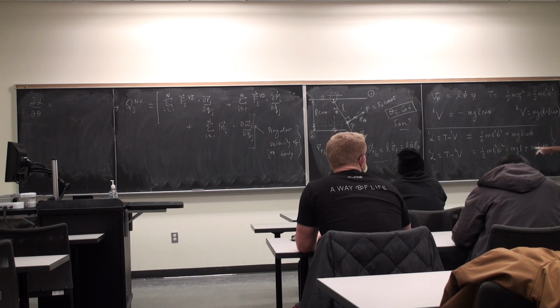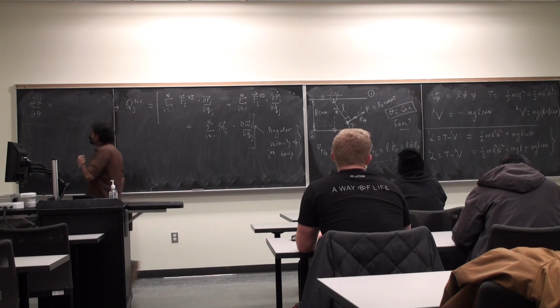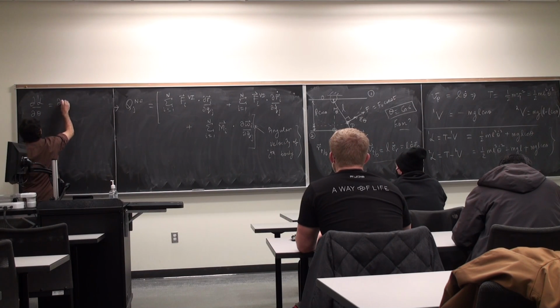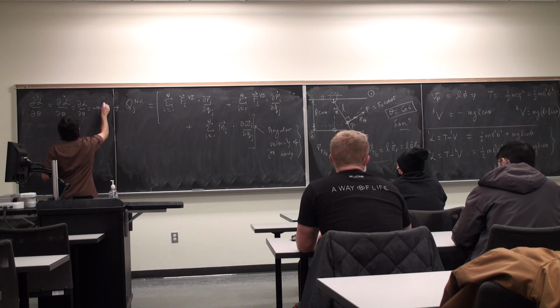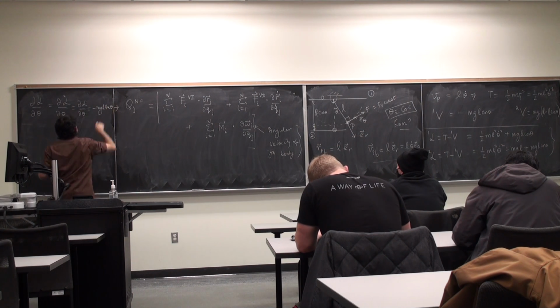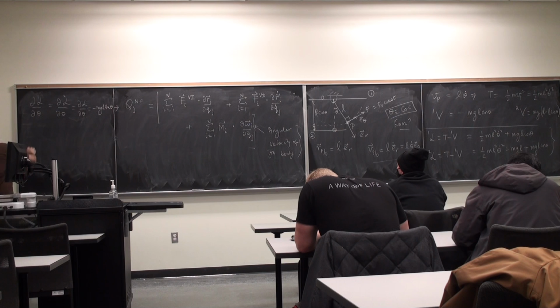I will still end up getting the same result. Okay? So, if I do the differentiation, in both cases, I'm just going to call it dL by d theta is minus mgL sine theta, and then dL by d theta dot.